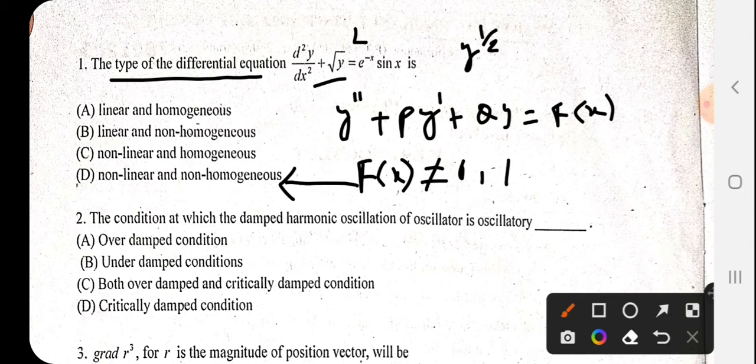And if f of x equals 0, then the differential equation is called homogeneous. That means here the answer should be non-linear and non-homogeneous. So the answer is option number D.